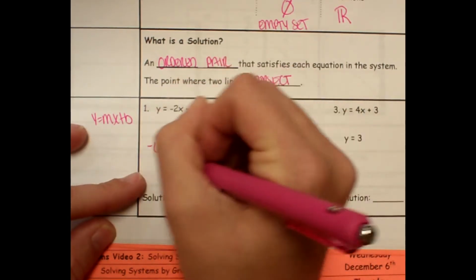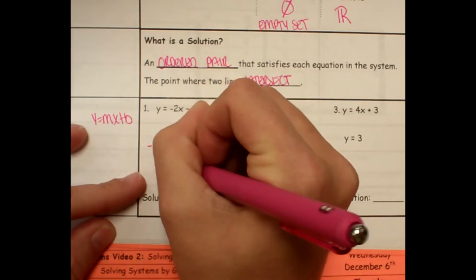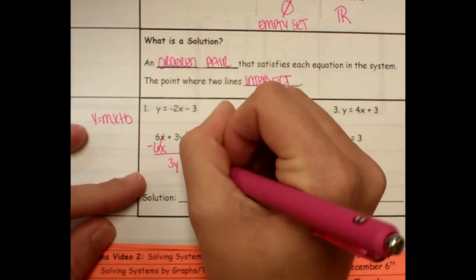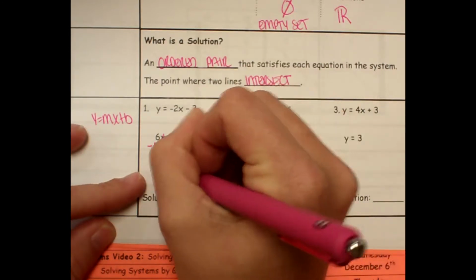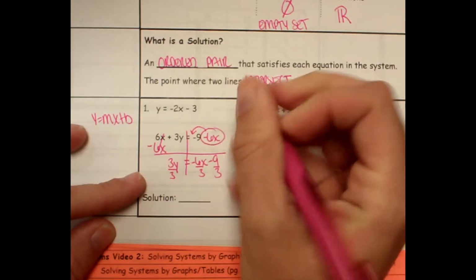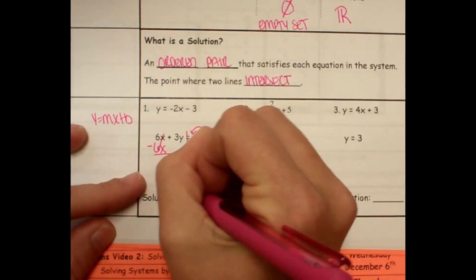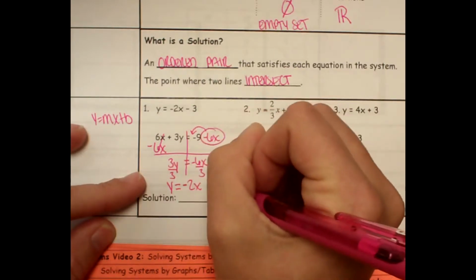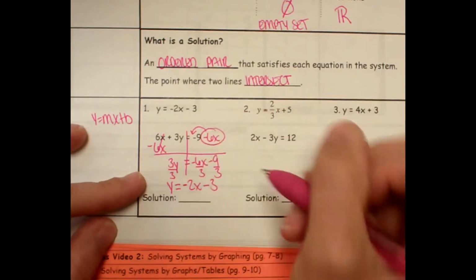These cancel out. 3y is equal to, I'm going to rearrange this so it's minus 6x minus 9. Divide everything by the number in front of the y. For our equation, we get that y is equal to negative 2x minus 3.